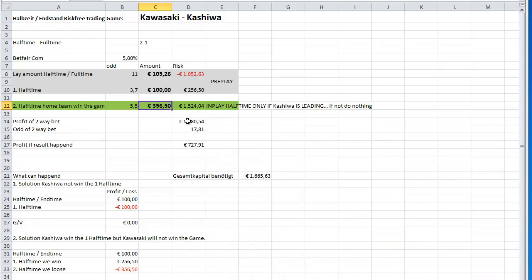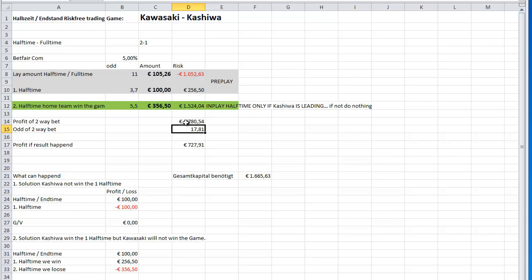So you can see at the end, if the game is happening like this, halftime Kashiwa and full time Kawasaki, you will get a total profit of 1,780.54. It's the amount from the match odds, and the amount from the winnings at the first halftime. If you now want to know your odd for this bet, it's an odd of 17.81.